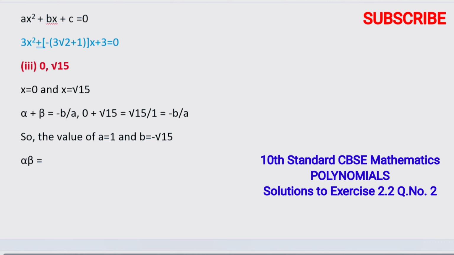Alpha into beta equals 0 into square root of 15. What is the answer? That is 0 only, divided by 1. We write that this is equal to c by a. Alpha into beta equal to c by a.